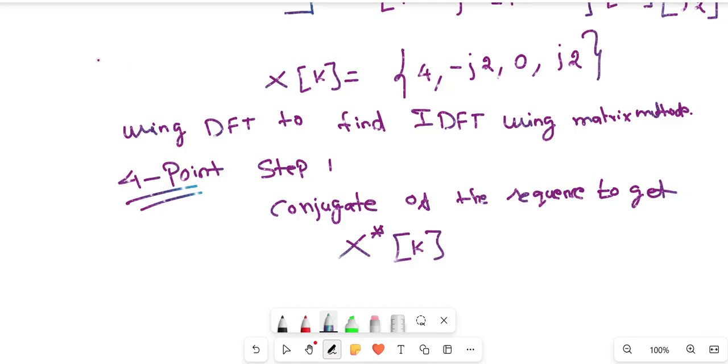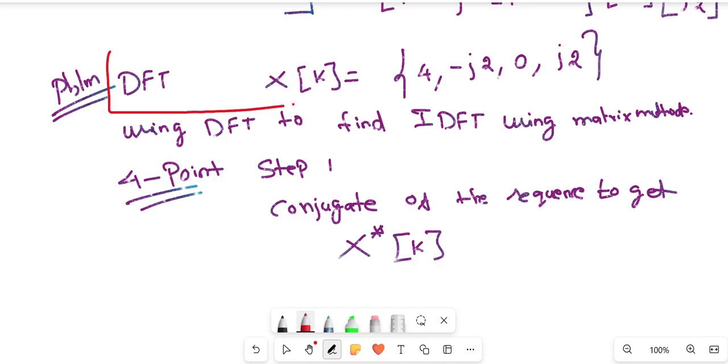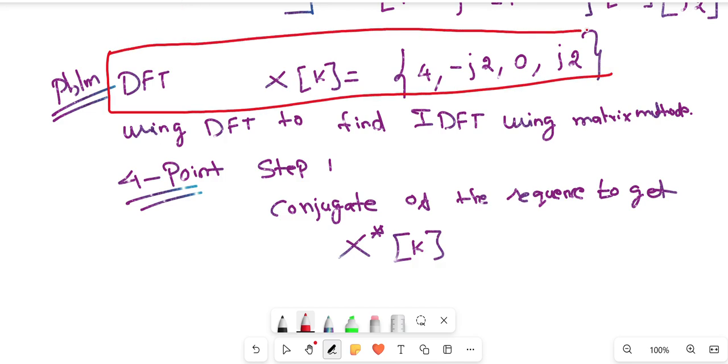Using this DFT, the problem is to find the IDFT of this DFT sequence, X of k, which is given.